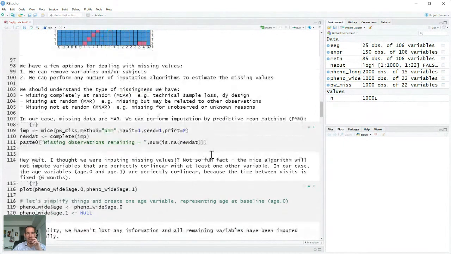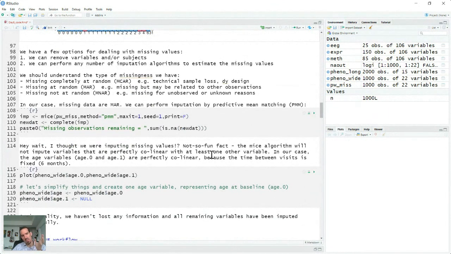Of course, once we've identified that there's missingness, and we put missingness in the data in the first place, so we know there is, we have some options as to what we can or can't do with the modeling procedure. So we can either remove people who have missing values, right? In theory, you can't really learn anything from a subject that you haven't measured a particular data point on.